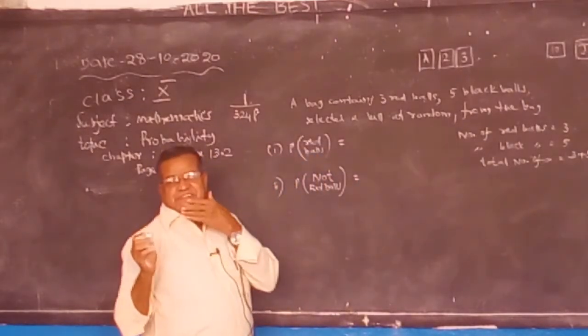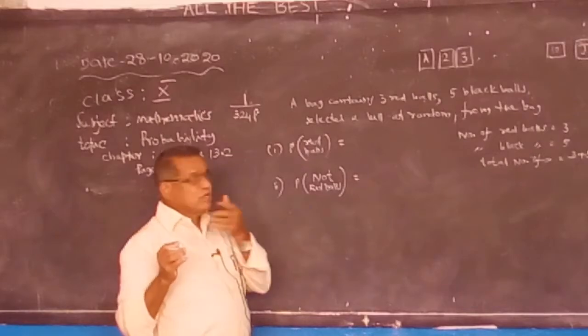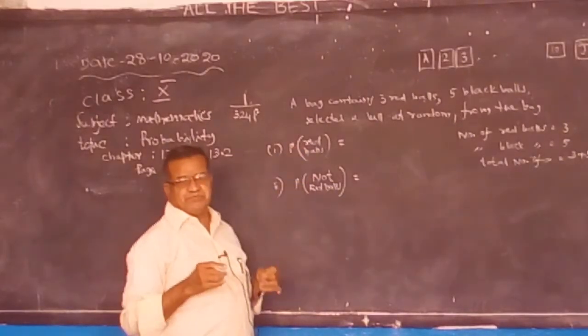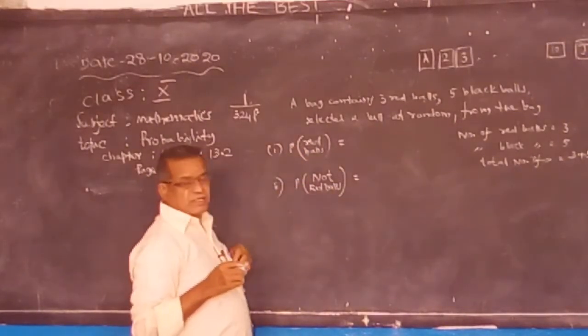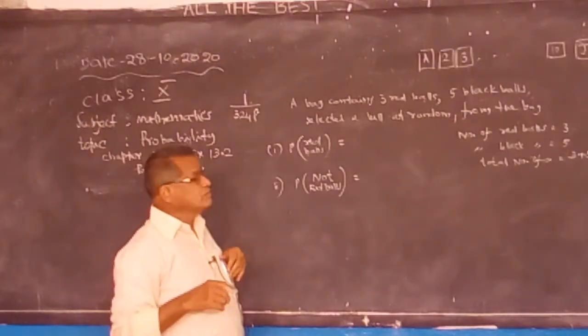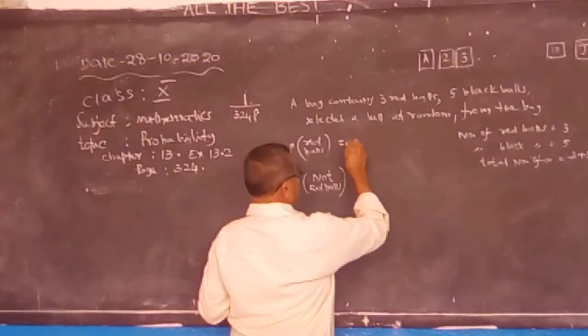So these are the steps. Next, you have to find the probability of red balls. Favorable outcomes are 3.